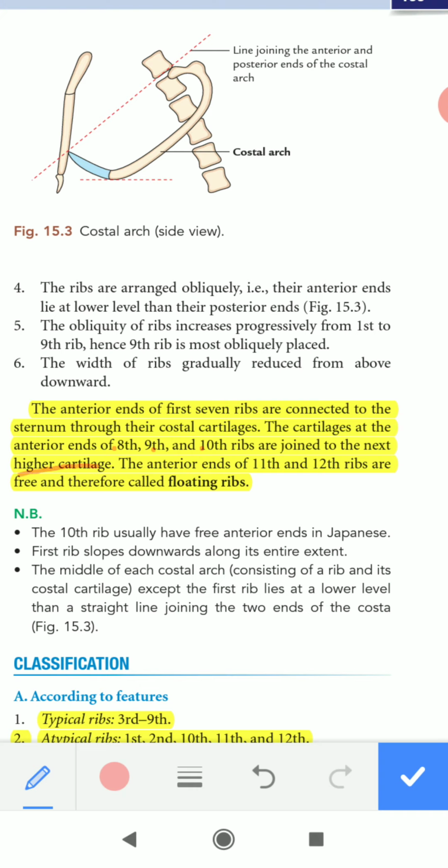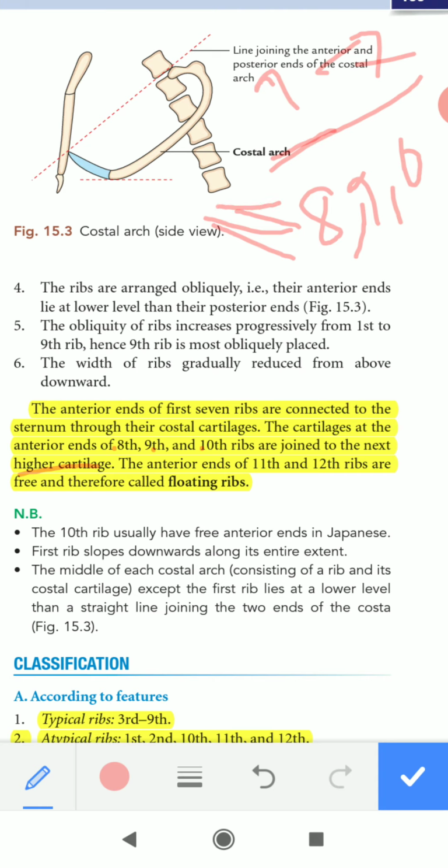That means the first 7 ribs, that means from 1 to 7, these first 7 ribs are attached with their costal cartilage to the sternum, but the rest, that means 8, 9, 10 ribs are joined together to their higher costal cartilages. But the 11th and 12th ribs, their anterior ends are free. That means they are not attached to the sternum, therefore they are called floating ribs.